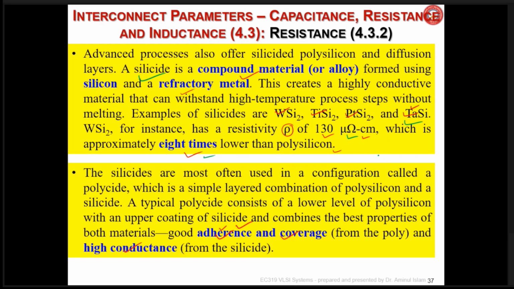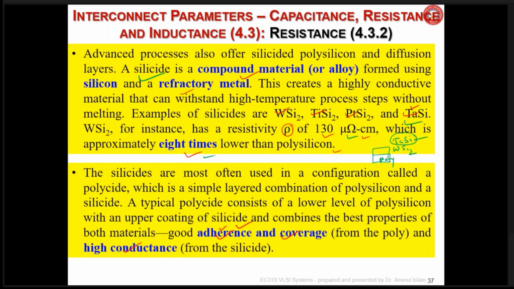Normally what is done, over the polysilicon, a layer of say tantalum or WSi2 or TaSi is applied. What is done actually, the polysilicon is heated up in the presence of tantalum, and an alloy is formed.